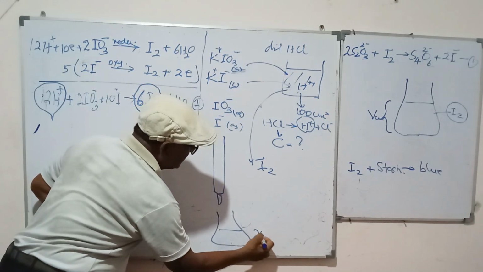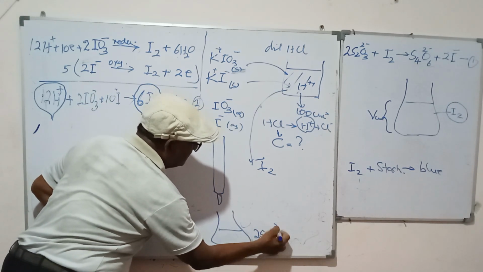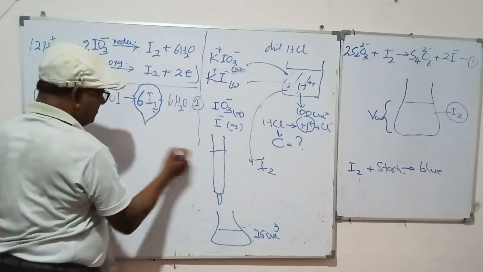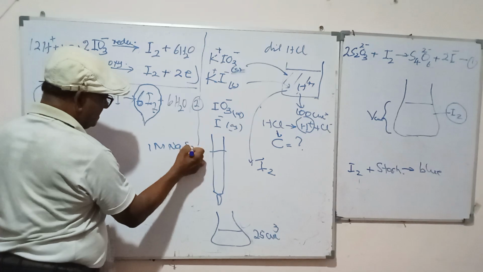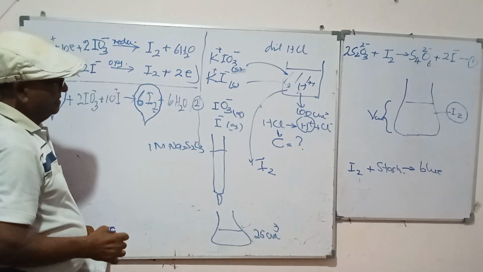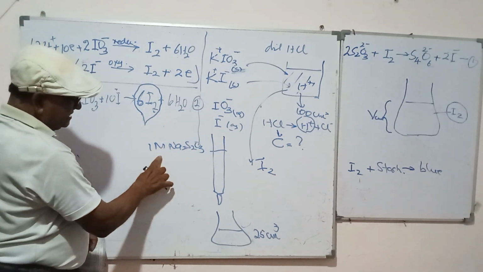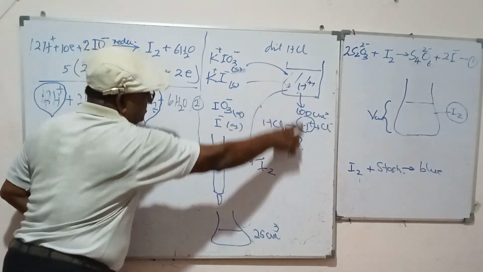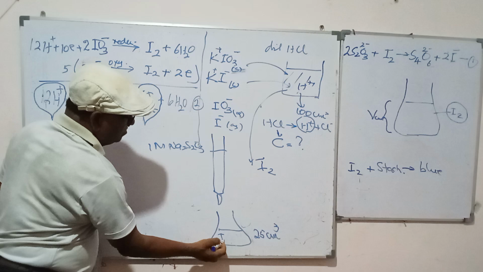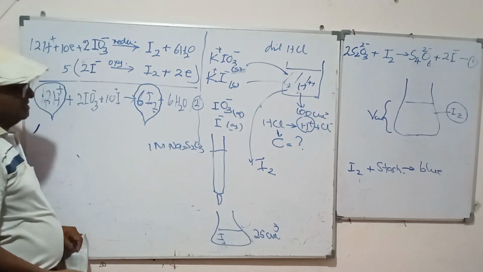We can take 25 cubic centimeter. This is the standard 1 M solution of sodium thiosulfate. Then the concentration is known. This is the taken volume of this solution. It has I2 so formed.